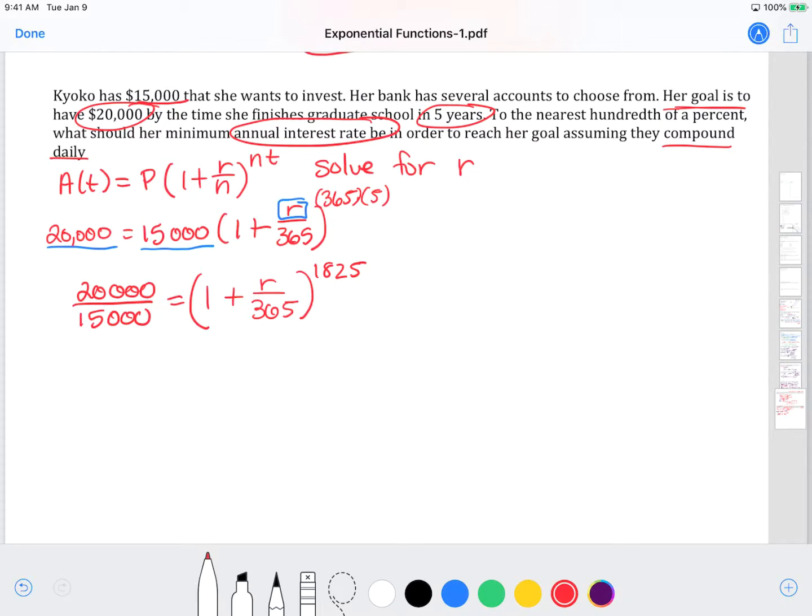Okay. Now, in order to get the R from inside the parentheses out so I can solve for it, I need to get rid of that exponent of 1825. Just like if I had b squared or b to the third before, we want to raise it to the reciprocal. And although it's a big nasty number, it's still the same procedure. So I need to raise both sides to 1 over 1825. So messy, but not hard.